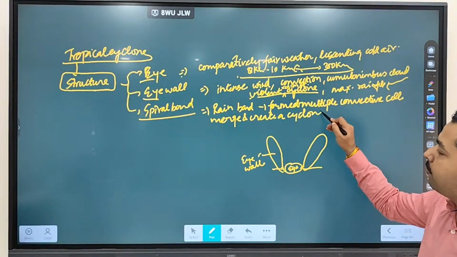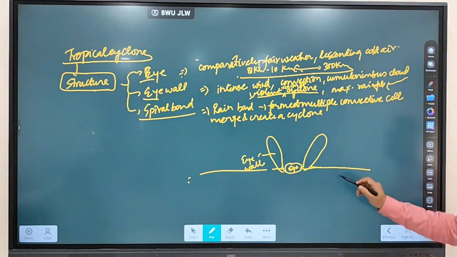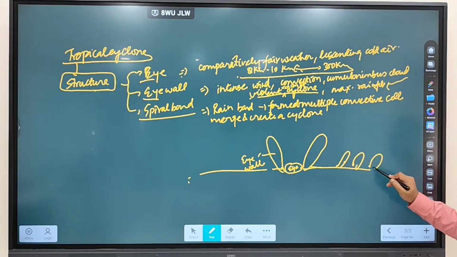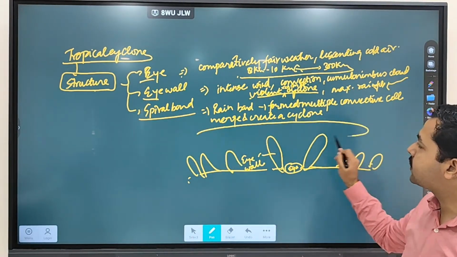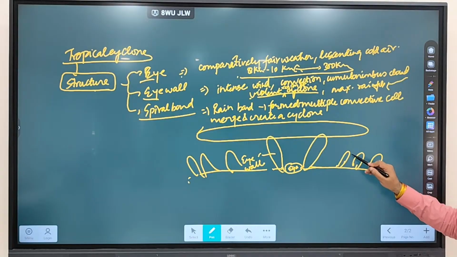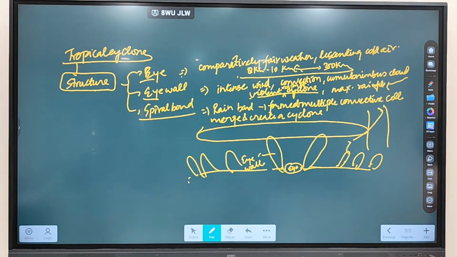So multiple convective cells merge and create a cyclone. Fine. So multiple convective cells like this. So when multiple convective cells merge and create a cyclone, then it is going to be called as what? It is going to be called a spiral band or a rain band region.